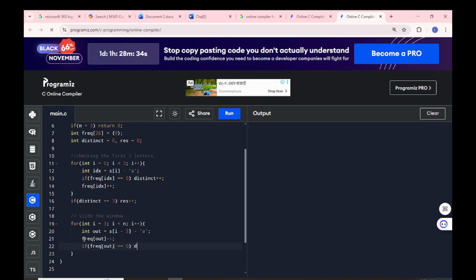If frequency out equals 0, distinct minus minus, now in, right?